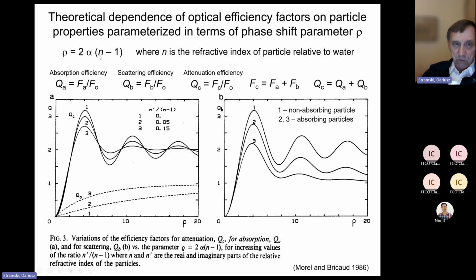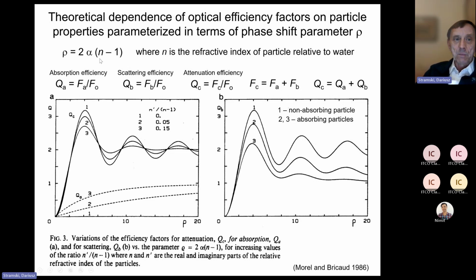Because we are considering particles suspended in water, we are interested in the refractive index of the particle not in free space, not in vacuum, but in water. In other words, this relative refractive index of the particle in water is the ratio of the absolute refractive index of the particle, the value it would have if it was suspended in vacuum, divided by the refractive index of water.